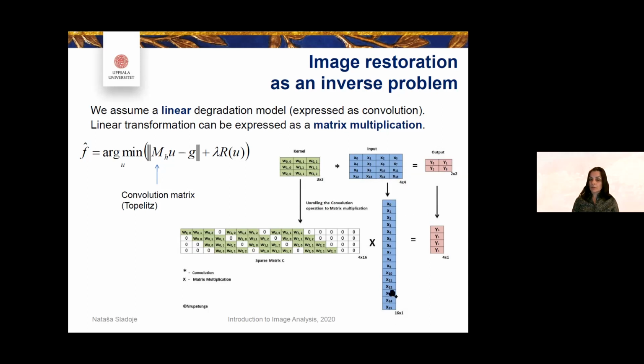Images are then often expressed as vectors in some suitable way that we will just agree on and stick to, whereas the convolution kernel will then be put in this convolution matrix or Toeplitz matrix, which has this characteristic repetitive pattern of the values that appear in the kernel, so that when we apply ordinary matrix multiplication with this Toeplitz matrix and the vector representation of our image, we can get, again, a suitably organized resulting image now in vector form, and by that implement very easily any convolution, being linear, as matrix multiplication.